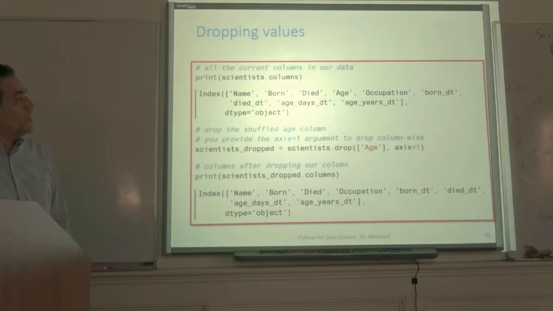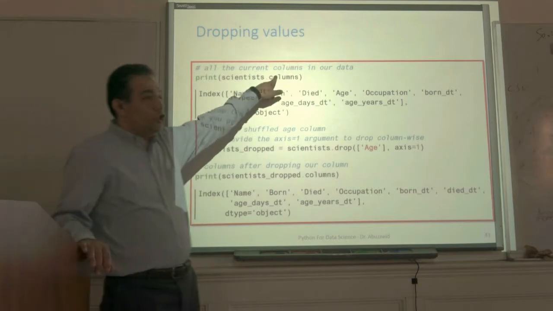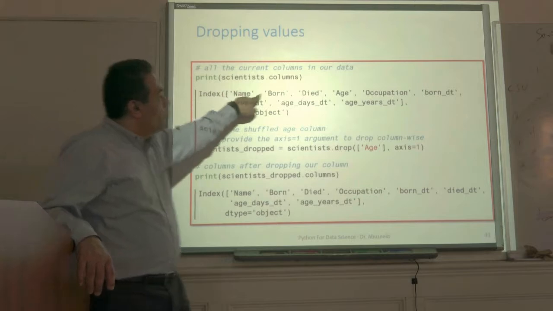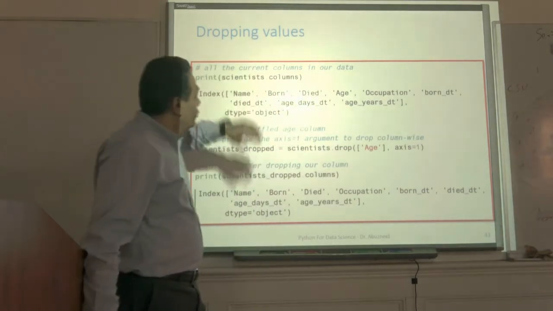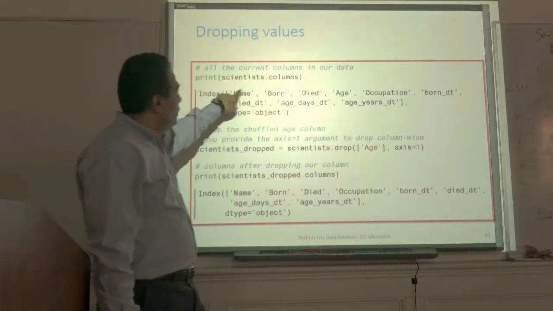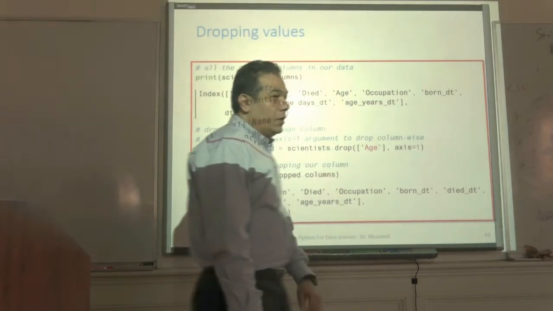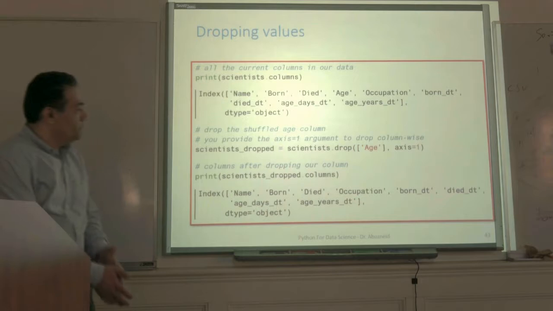So if I need to look at the columns, how can I know all the columns of my data frame? There is shape and there is columns, these attributes. So how many? 9. Okay.